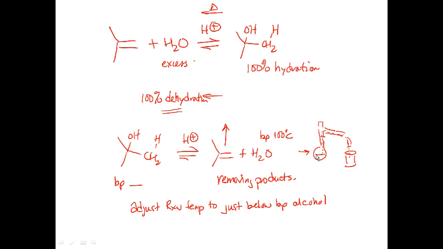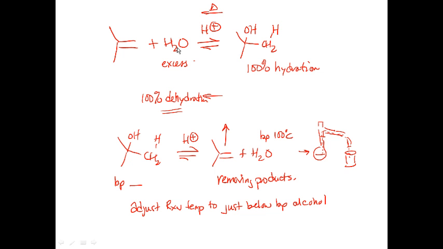Okay. But one of the things I didn't talk about on Monday was the idea that this is an equilibrium. So how do you push the equilibrium towards the formation of the alkene? Well, you just take advantage of the natural boiling point differences. And then how do you push the equilibrium towards the formation of the alcohol? You use Le Chatelier's principle and add an excess of the water.